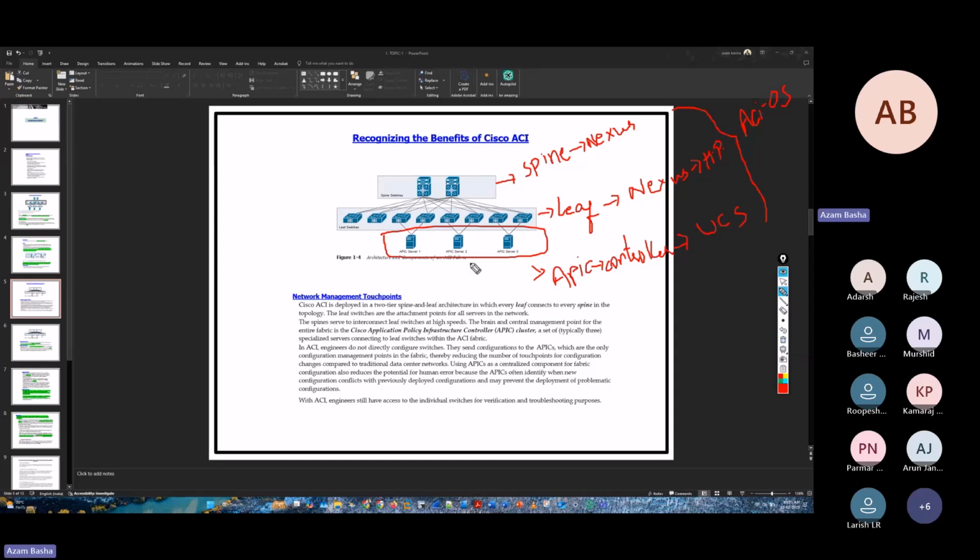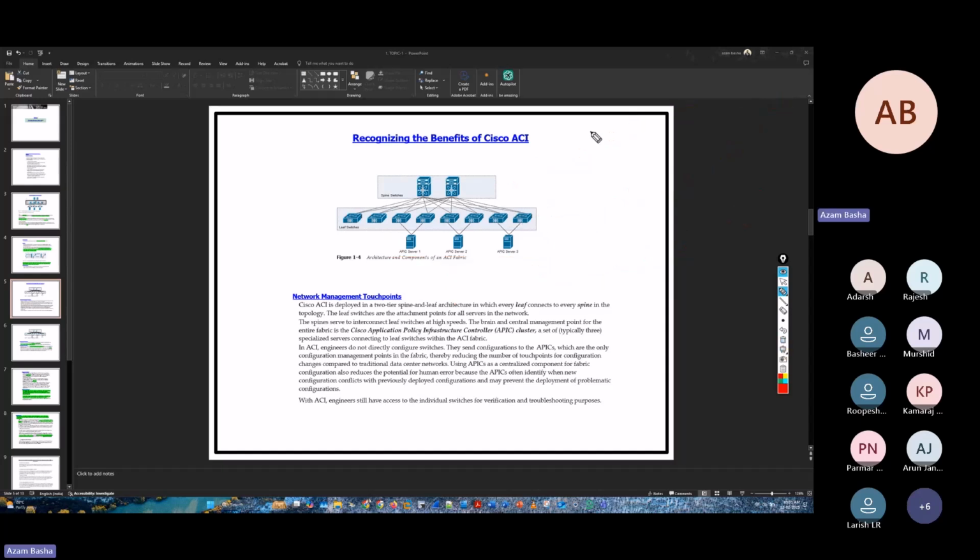Okay. So now we know the hardware and the software. Before understanding the functions, we should know the cabling. I am a network engineer from the traditional networks.